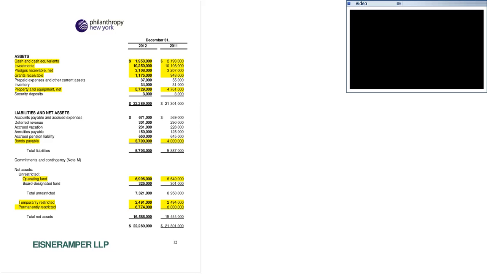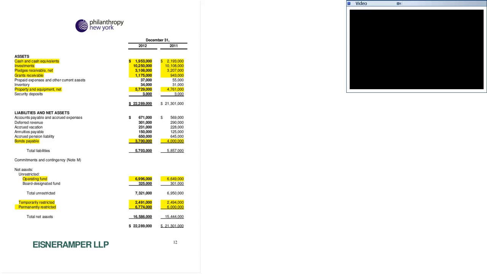So permanently restricted is, in my mind, locked away, right? So when I'm looking at this organization, I think they look pretty healthy. They have 7 million of unrestricted. Sometimes you're going to be looking at one of your potential grantees, and you may see a negative balance in your unrestricted line, right? What does that mean? If you think about it, that means they have to be borrowing from the donors, right?